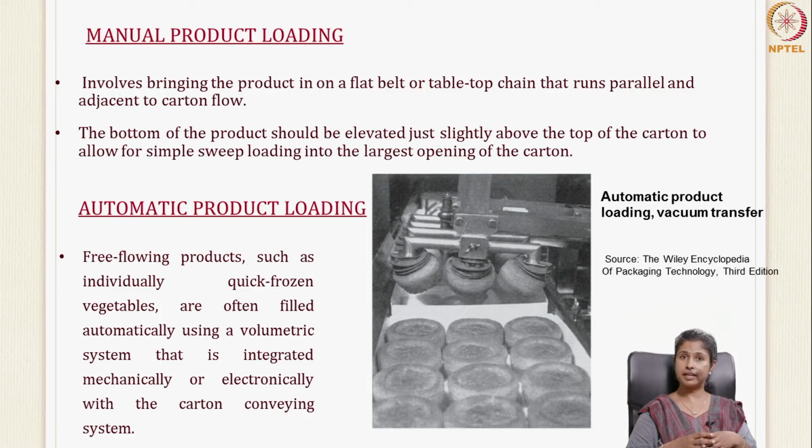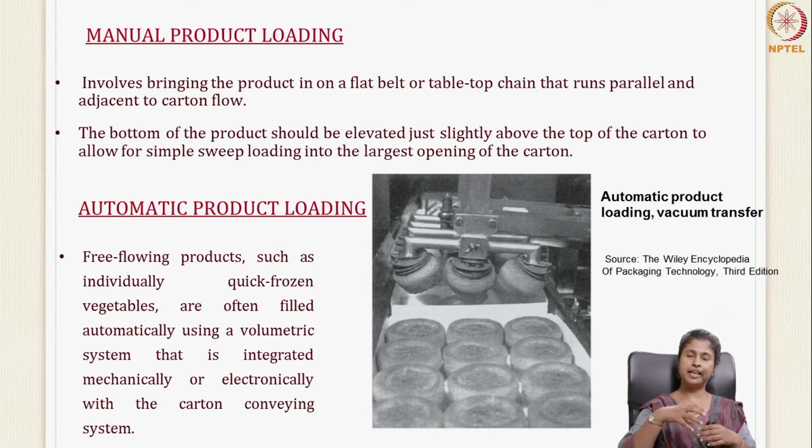While in the automatic, if you recall again for bottling, we had learned different systems of introducing or filling solids into bottles. So similarly, you can use different systems to put your products into your cartons. For example, here in this picture, you see an automatic product loading by vacuum.